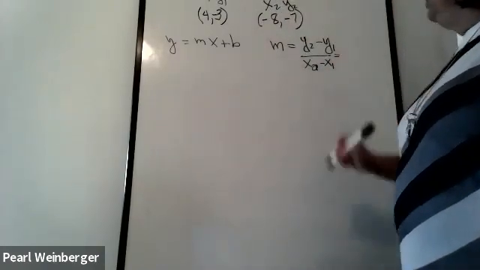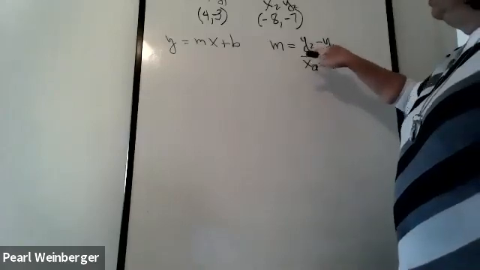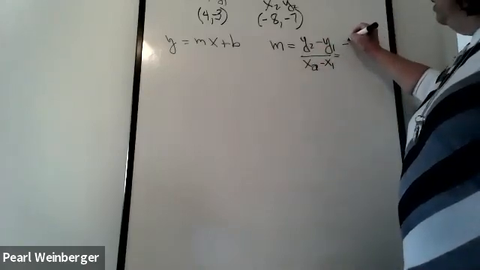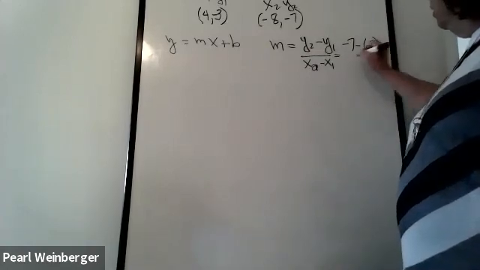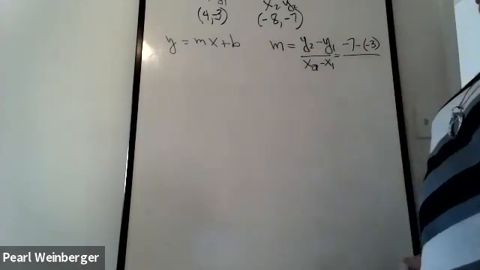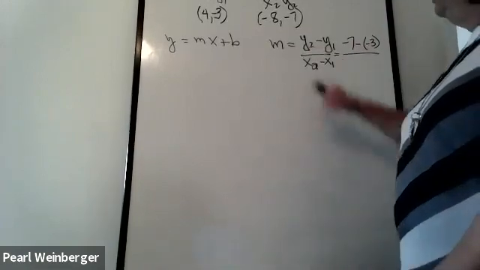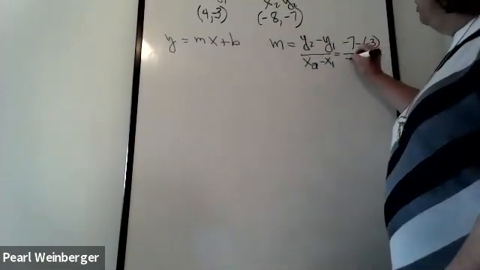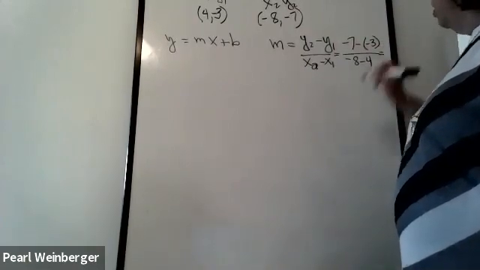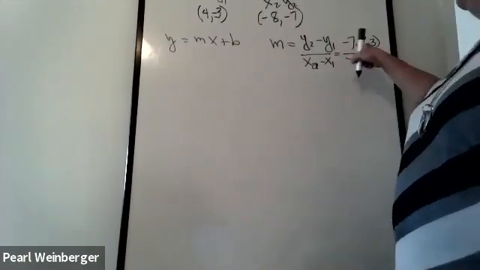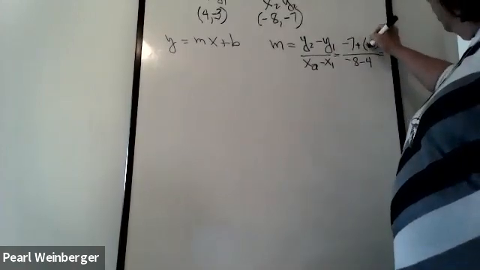And substitute these numbers into my formula. So y2 is -7 minus -3, that's the y2 minus y1, and the x2 is -8 minus 4. And if I work this out, a negative and a negative becomes a positive.